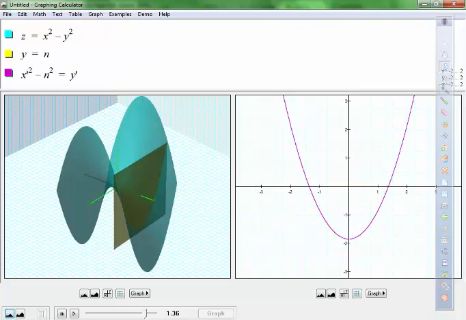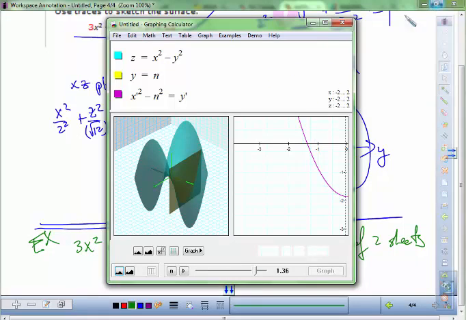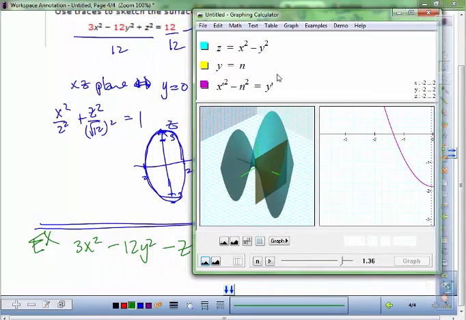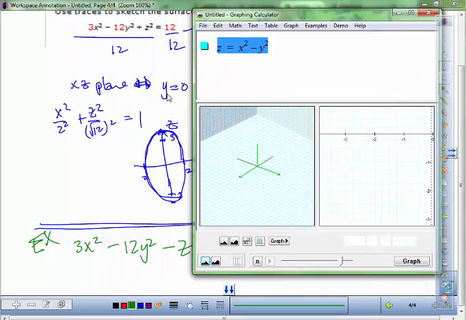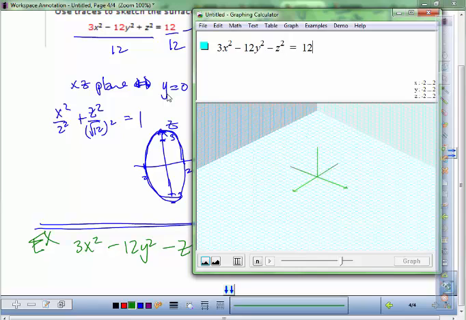And for this, without going into too much information, I'm just going to graph it. 3x squared minus 12y squared minus z squared equals 12. It looks like I need to zoom out.